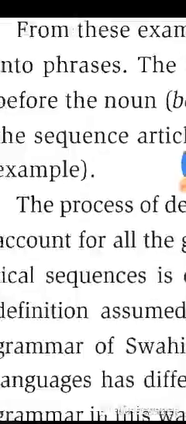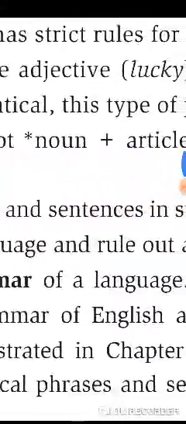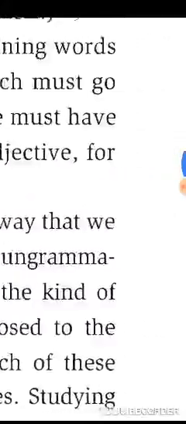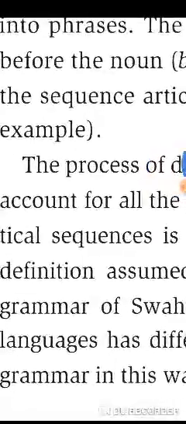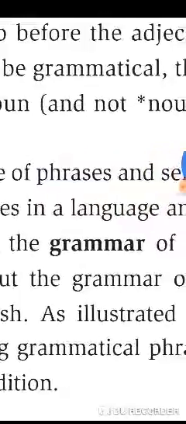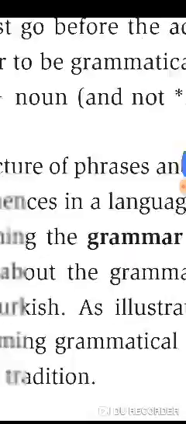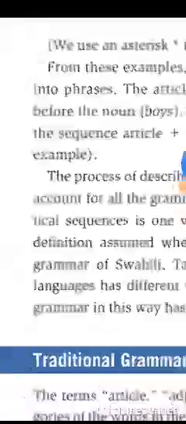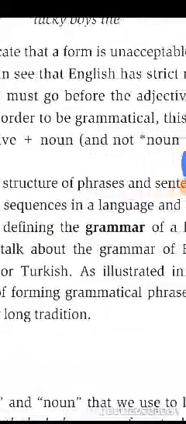Well, the process of describing the structure of phrases and sentences in a way that we account, which means explain, account for all the grammatical sequences in a language and rule out, send out, the ungrammatical sequences is one way of describing grammar.